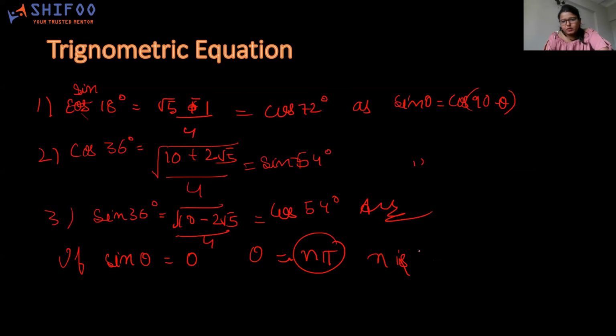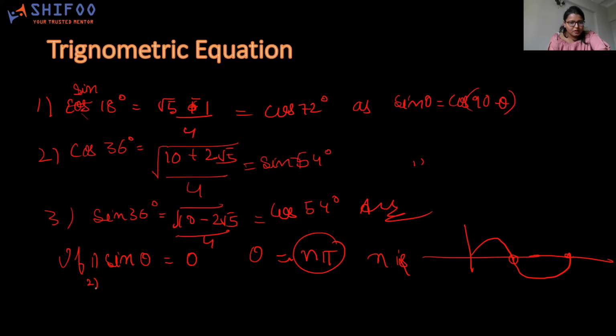You can substitute, because you know the sine graph is like this. So 0, pi by 2, pi. At pi it will be 0. Then again, at 2 pi it's 0. So you put in values of n, and you get sine 0 at all those intervals.